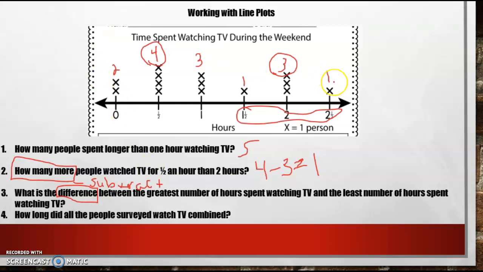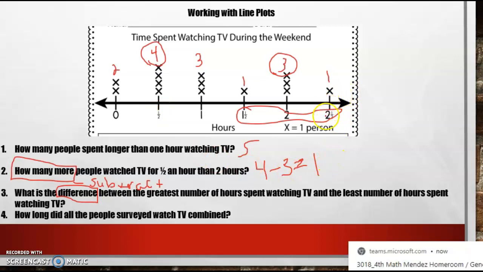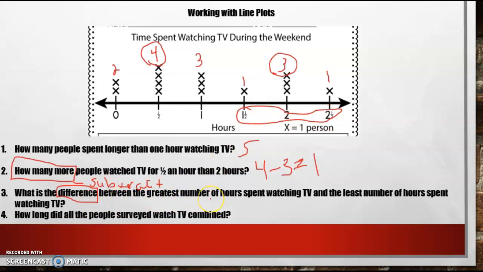If you did 4 minus 1 is 3, you would be subtracting the amount of people that watched it for half an hour minus the amount of people that watched it for 2.5 hours or 1.5 hours. We're looking for what is the difference between the greatest number of hours spent watching TV. So what's the greatest number of hours spent watching TV?